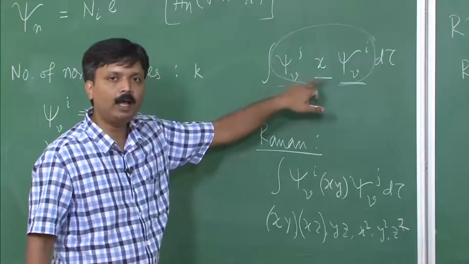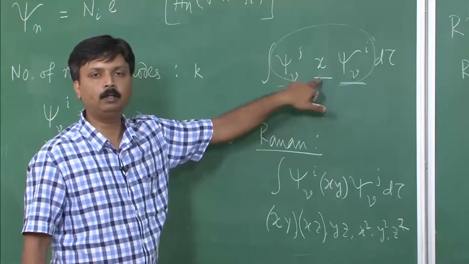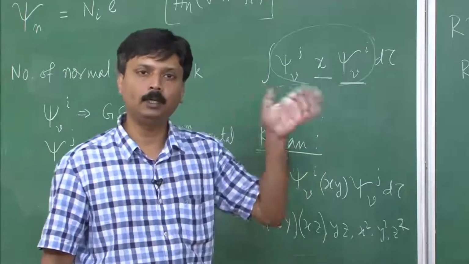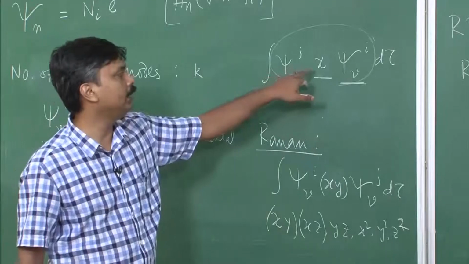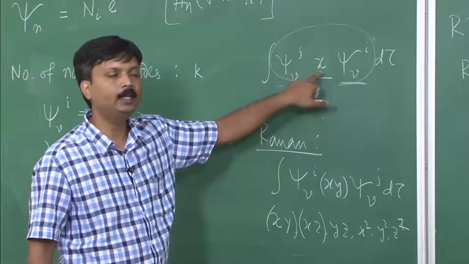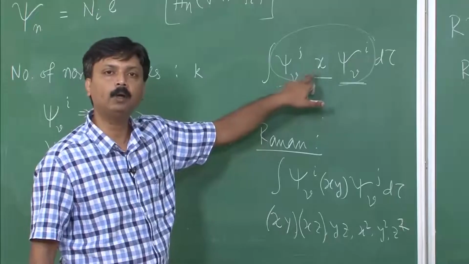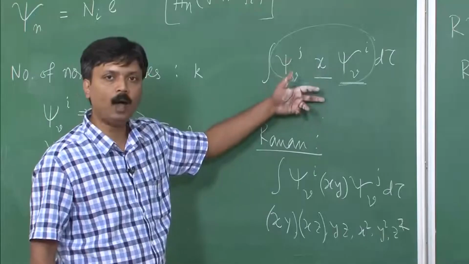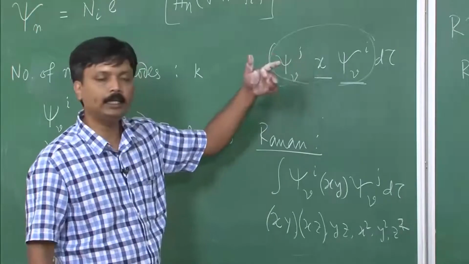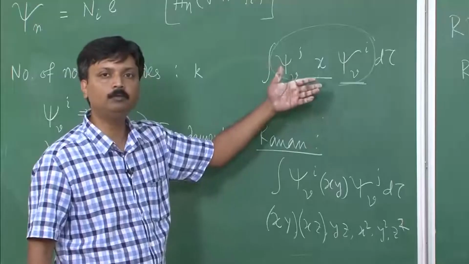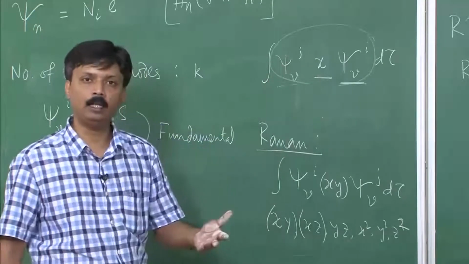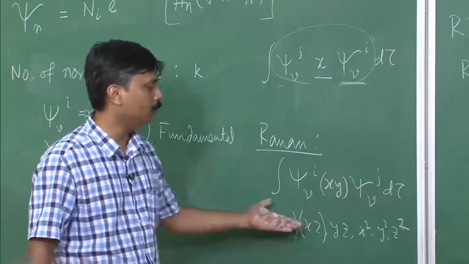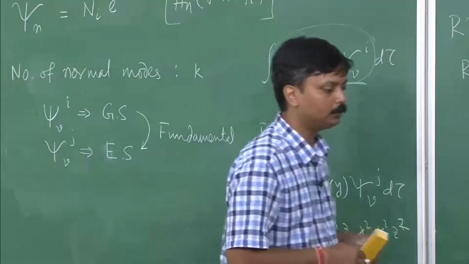If it survives in one particular integral, then I call this transition allowed in that particular direction. Say, for example, it is allowed along the x direction; then I say this transition is allowed and polarized in the x direction, or it is x polarized. Similarly, if both the x and y integrals have non-zero value, then I say the transition is allowed and polarized in the xy plane. In the same way, I can talk about Raman transitions also.